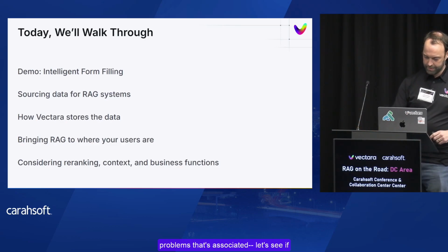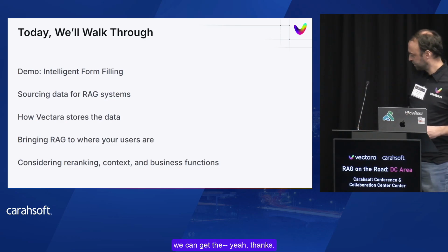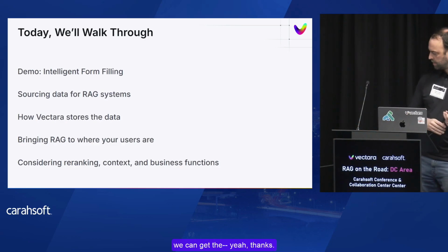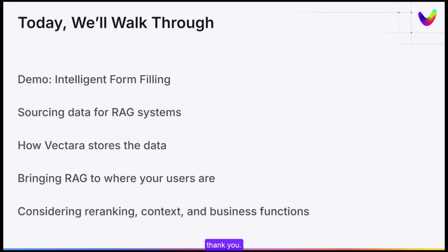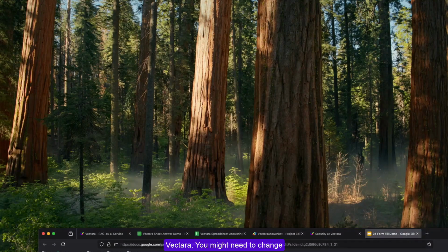let's see if we can get, thanks. I need, it's on the other side. Yeah, thank you. We'll talk through how we might do this, or how we actually do have this sort of answering security questionnaires, RFIs, RFPs inside of Vectara.